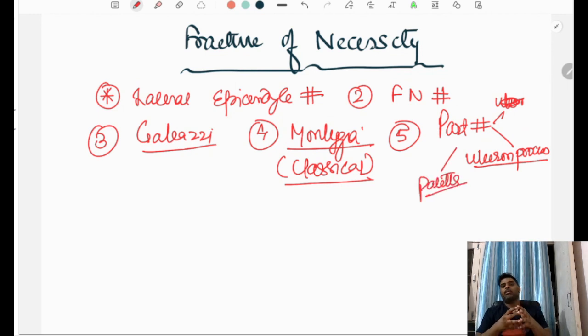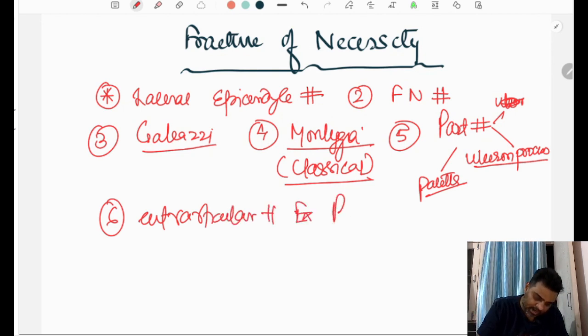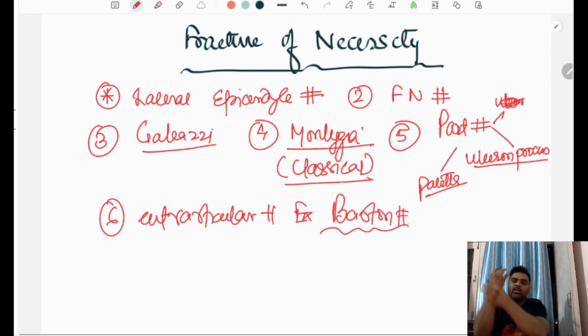Why? Because if there is a two-part fracture of the patella, both parts will be pulled apart, so they will not unite. Not every patella fracture is a fracture of necessity. Two-part fracture of patella, two-part fracture of the olecranon process. And then intra-articular fractures, for example Barton fracture of the wrist.